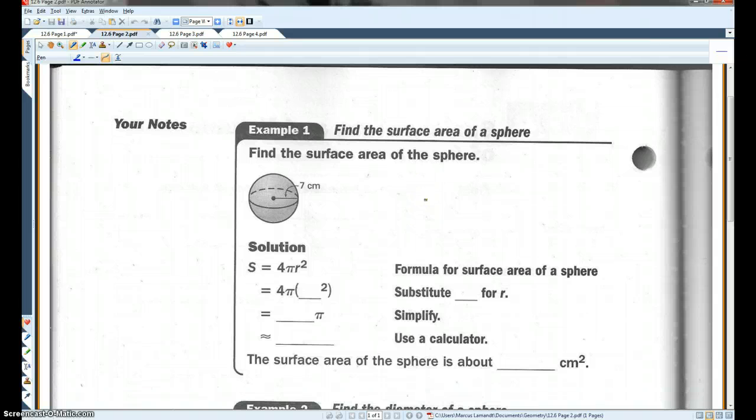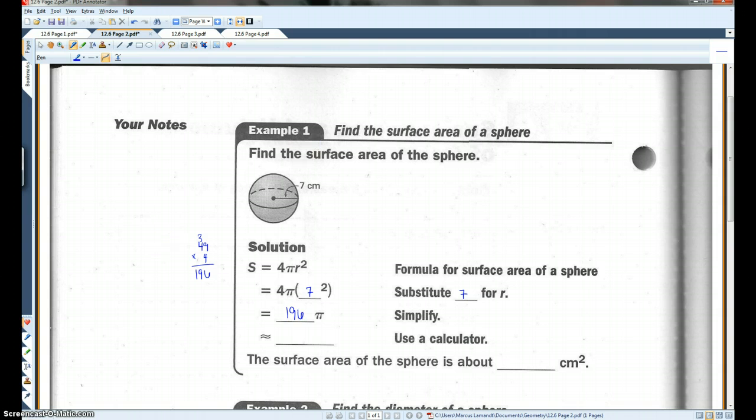Example 1. Find the surface area of the sphere. Here we have a sphere. The radius is 7 centimeters. So I'm going to plug in 7, substituting 7 for r. 7 squared is 49. 49 times 4 is 196.